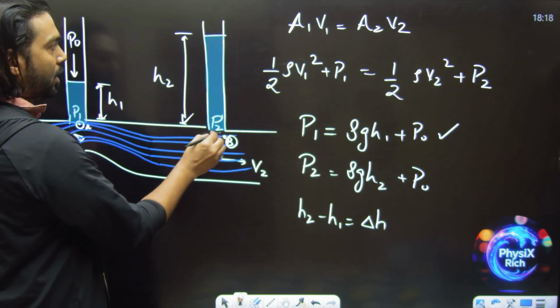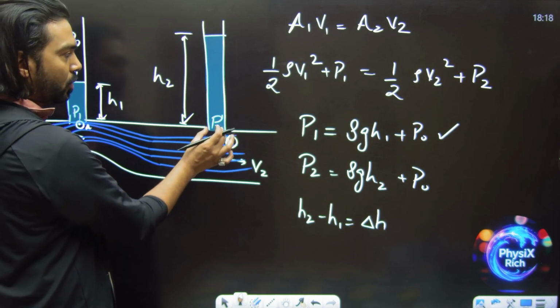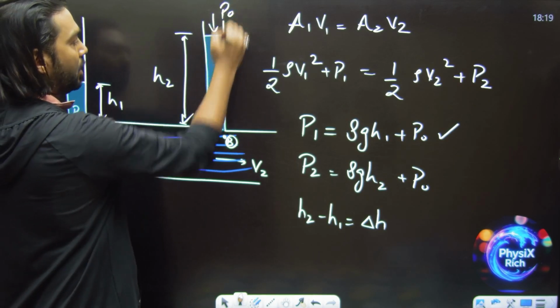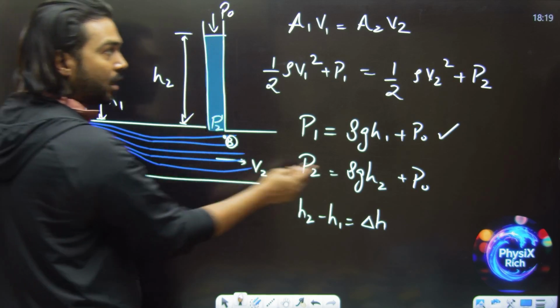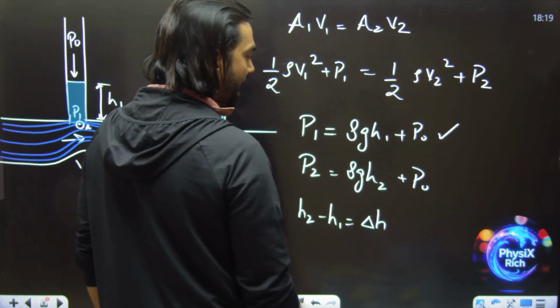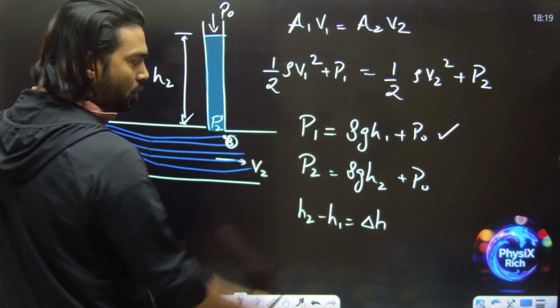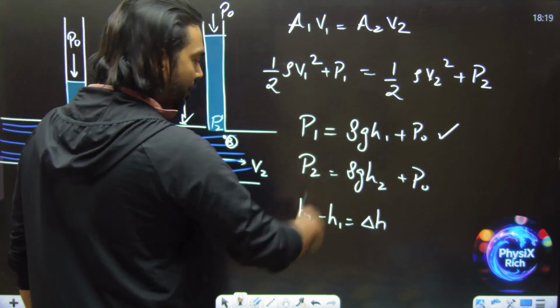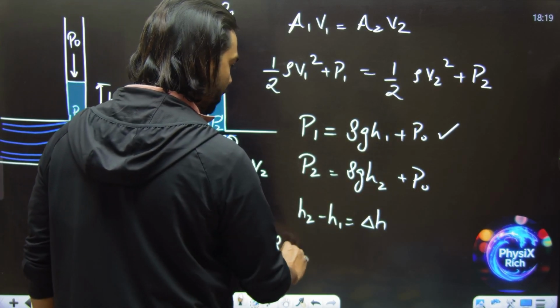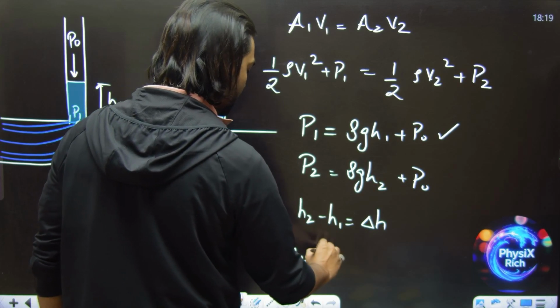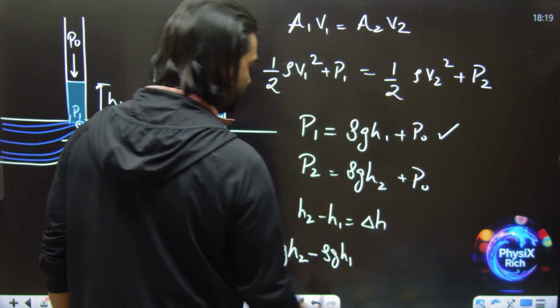Similarly, over here, what is the pressure P2? It's because of the atmospheric pressure and this water column height, rho G H2. And we have been given in the question that H2 minus H1 is delta H. So why don't we just simply subtract this? We can just simply say rho G H2 minus rho G H1.